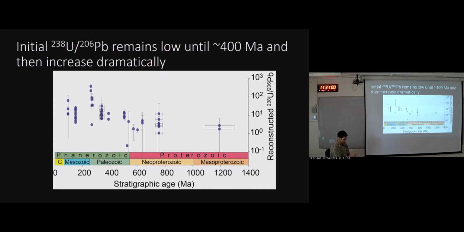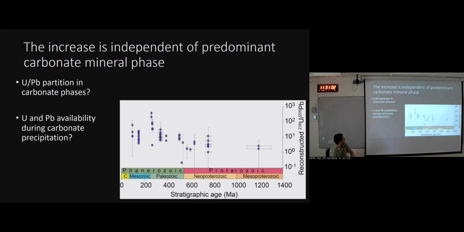So this is interesting. What can explain this? First of all, maybe it doesn't have to do anything with oxygenation. Maybe this is just a signal reflecting uranium-to-lead partitioning into different carbonate precursor minerals, right? Aragonite tends to take more uranium than calcite, for instance.